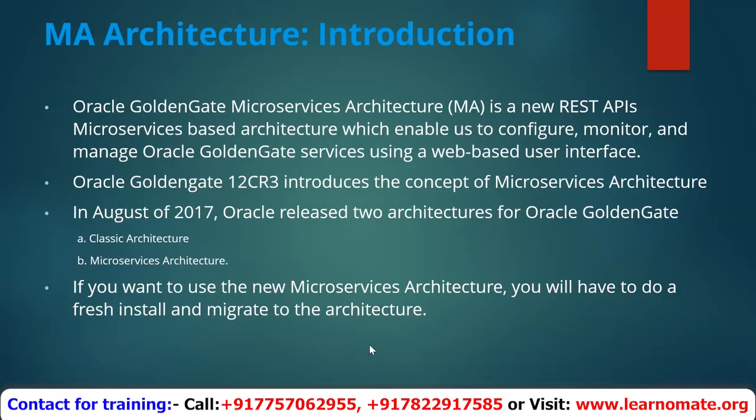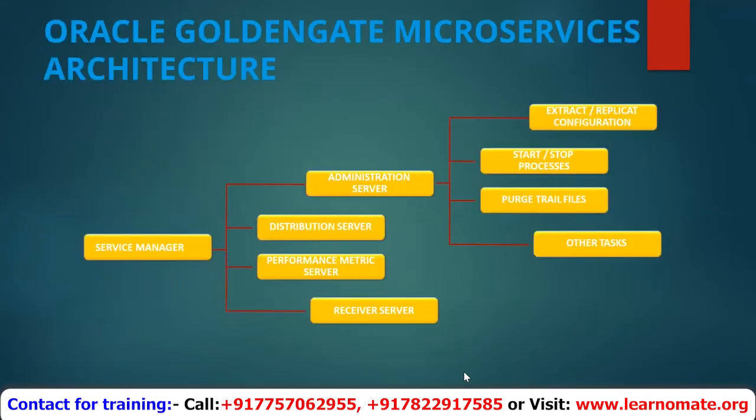I was hearing that there is some utility available which can upgrade your existing classic to microservices, but I won't comment on that because I haven't tested or tried it yet. As per my understanding, or whatever steps I follow as of today, I do a fresh installation of microservices and then migrate the existing processes to the new microservices architecture.